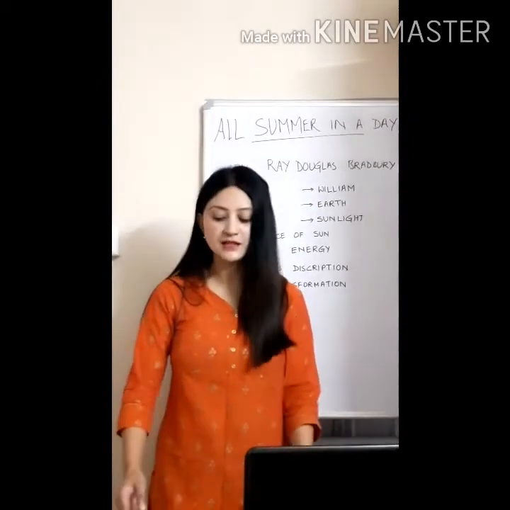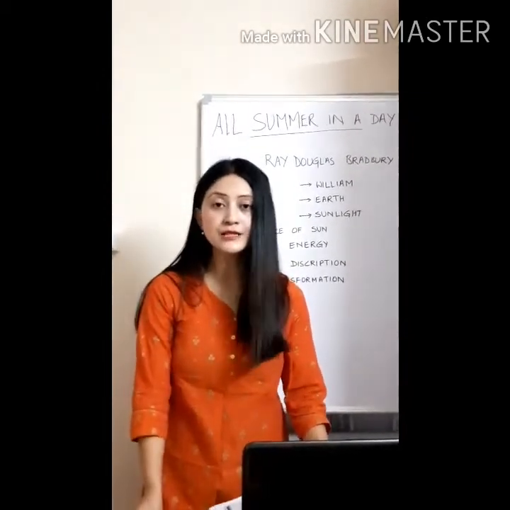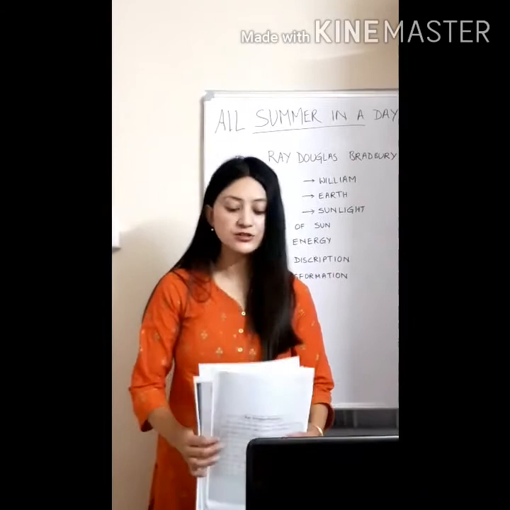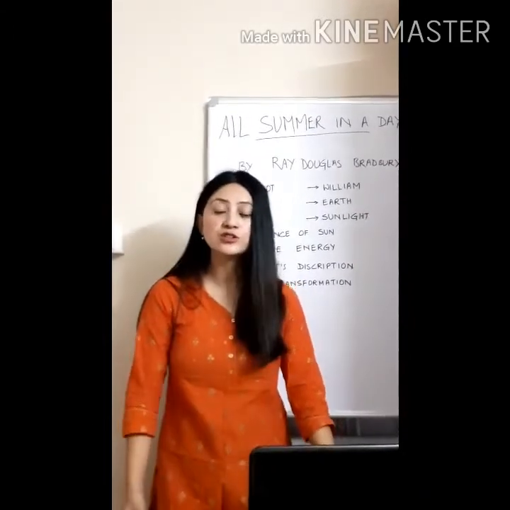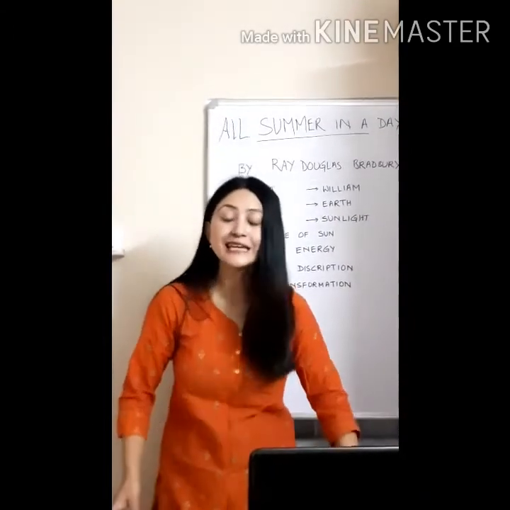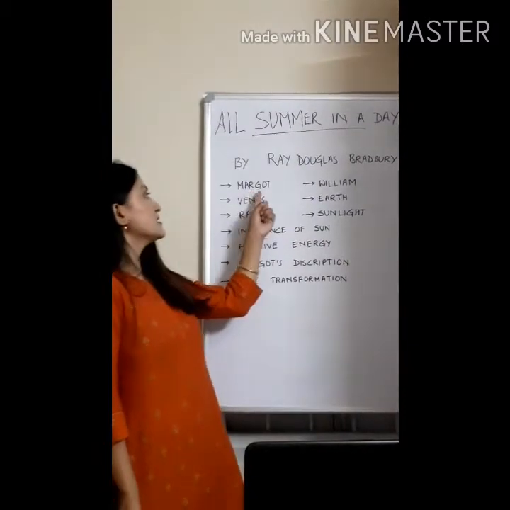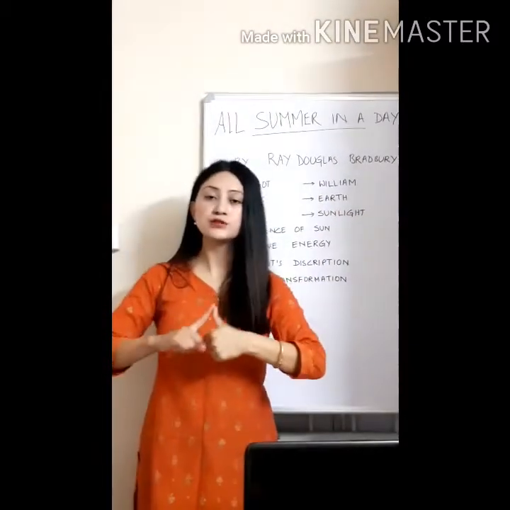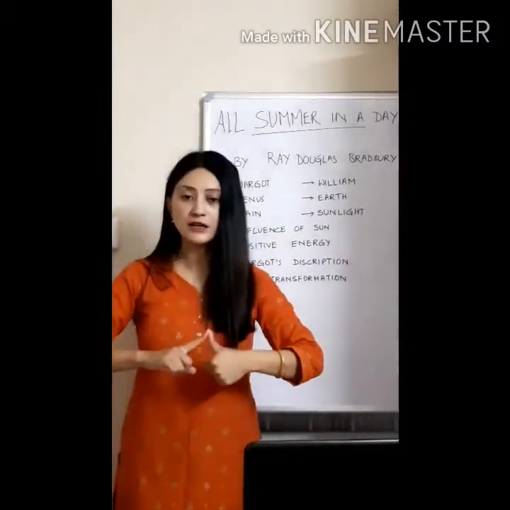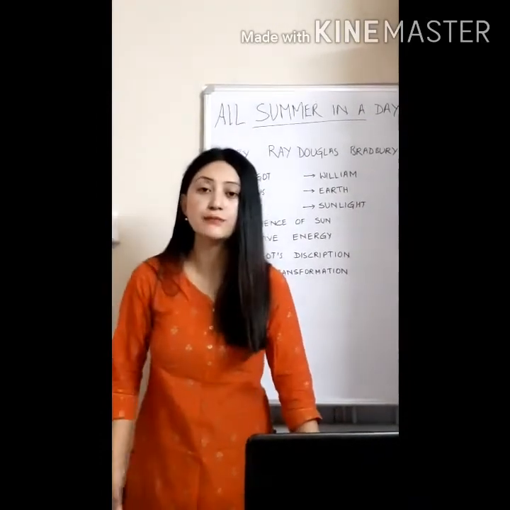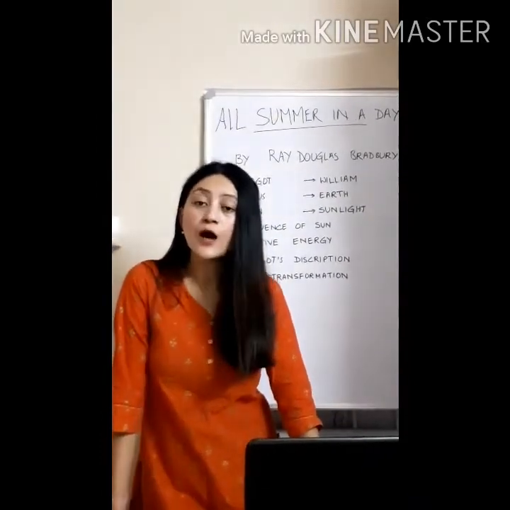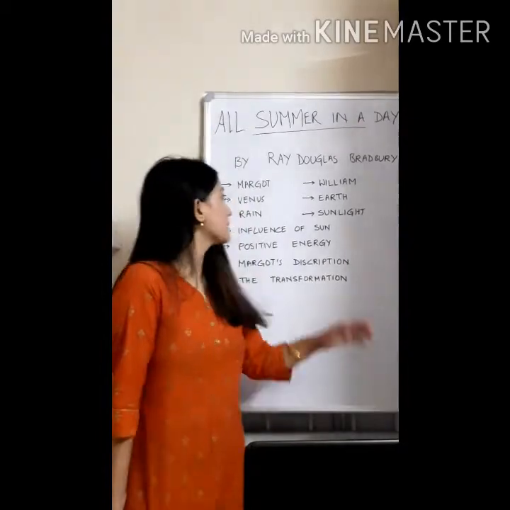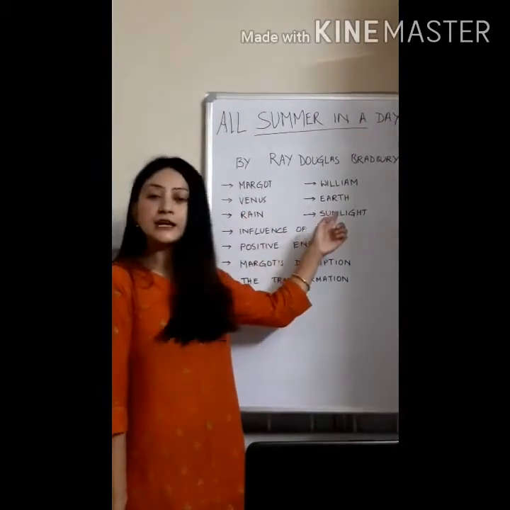So this is basically the explanation of the story All Summer in a Day. Just to recapitulate the theme of the story, we have discussed Margaret and William, the main protagonists of the story, and how Margaret is being bullied by William on the planet Venus and Earth.